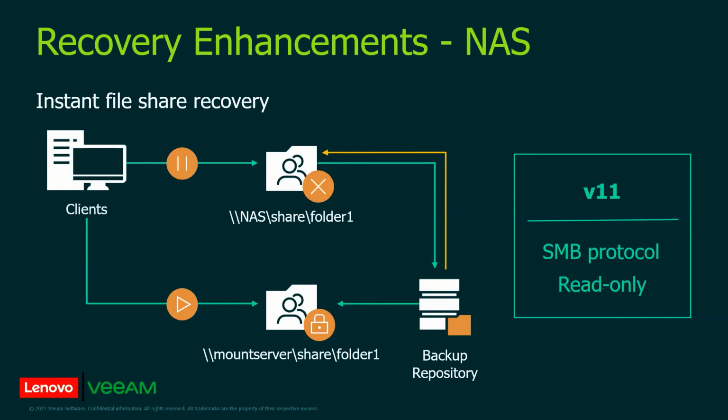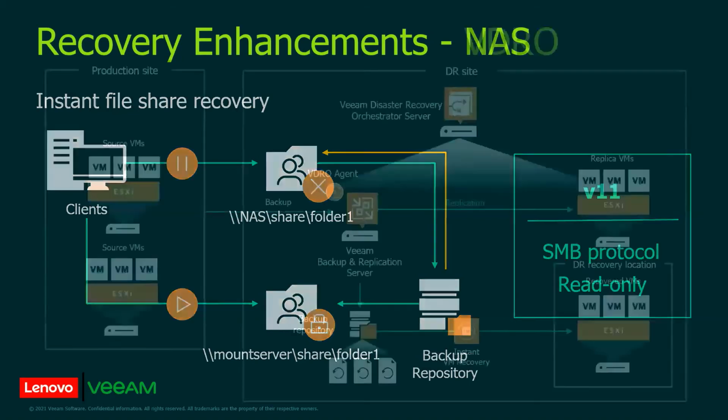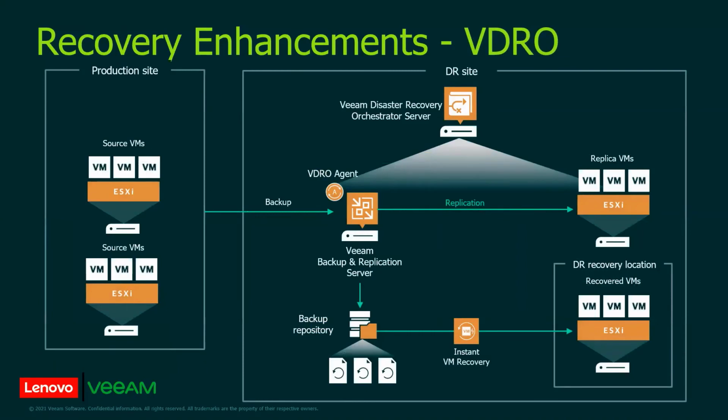So, if I talk about instant VM recovery and instant database recovery and instant NAS recovery, these are, in my mind, more targeted approaches to a recovery scenario. We also have a capability within the Veeam product portfolio, which we previously referred to as Veeam Availability Orchestrator. We now refer to it as Veeam Disaster Recovery Orchestrator.